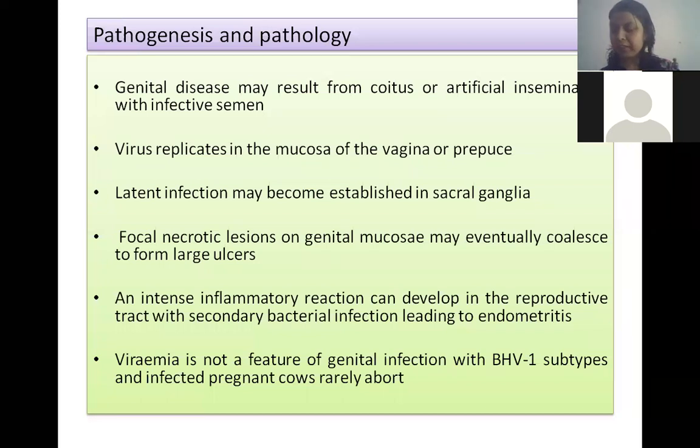If bacterial infection occurs, then it leads to endometritis. But viremia is not a feature of genital infection, so pregnant animals rarely abort.